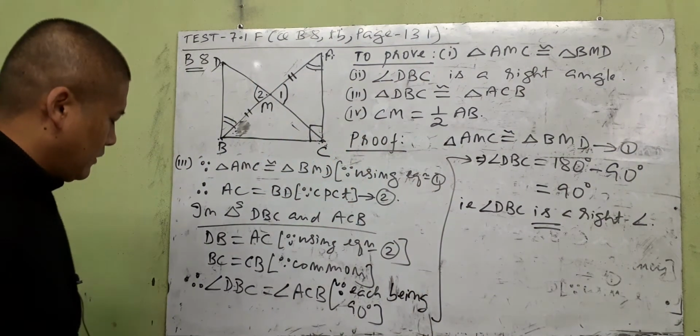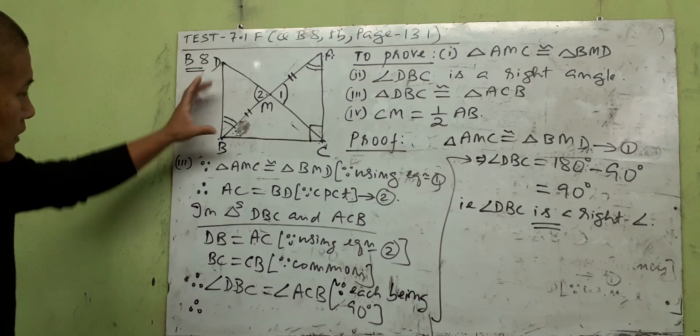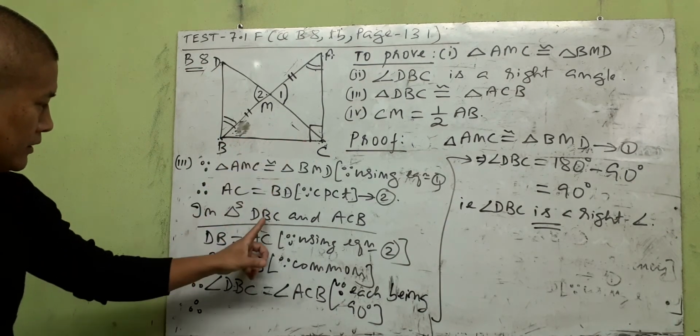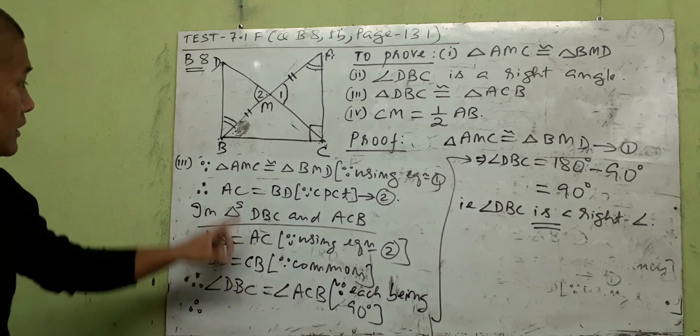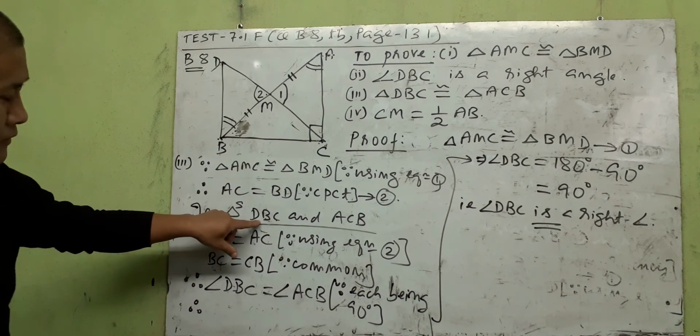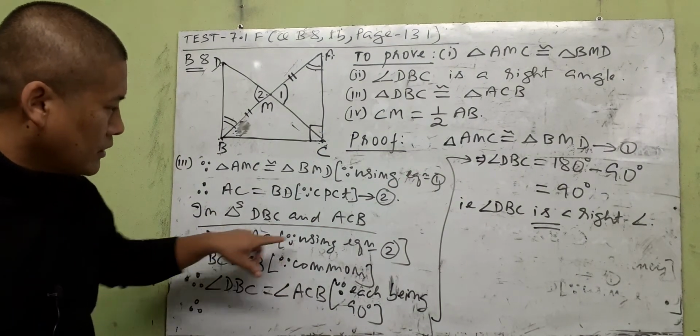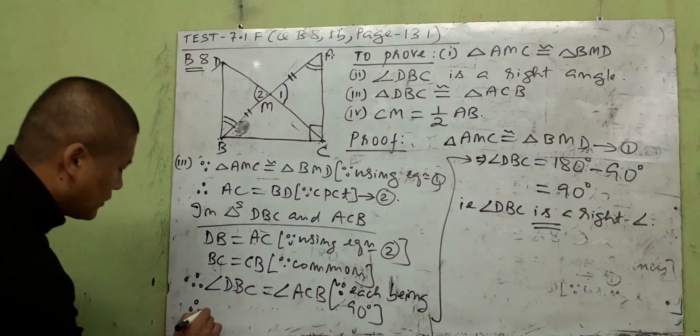Between DB and side BC of triangle DBC, angle DBC is there. Two sides and the angle between those two sides of the first triangle are correspondingly equal to two sides and the angle between those two sides of the second triangle. Then those two triangles are congruent.